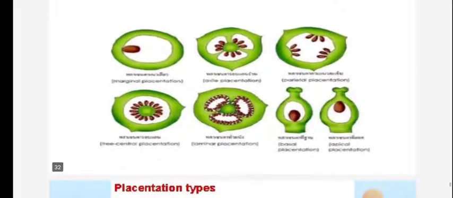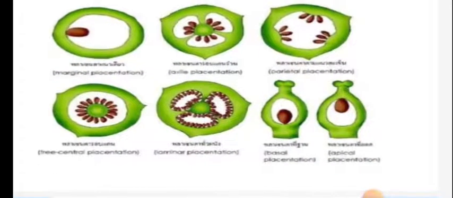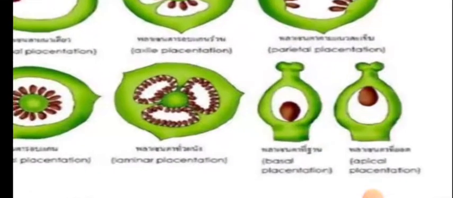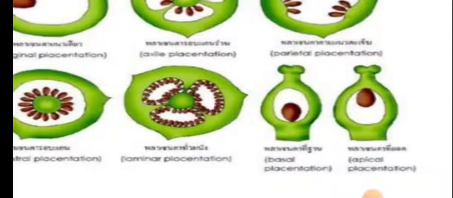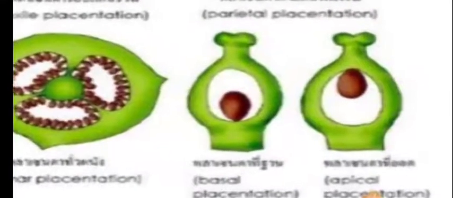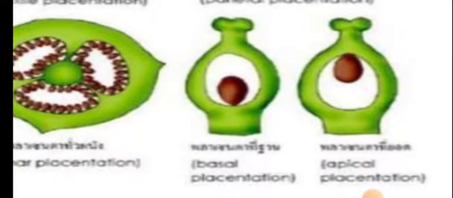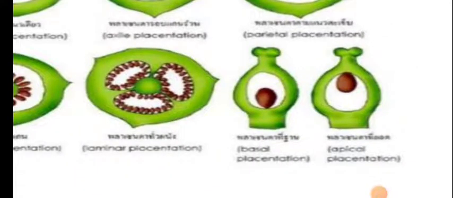So all these are the main placentation types, four, right? Basal placentation, marginal, then second one axial, third one parietal, and then free central placentation, right? So all these types they are showing. You see the last of these two diagrams, these are showing the basal and the apical placentation, right?